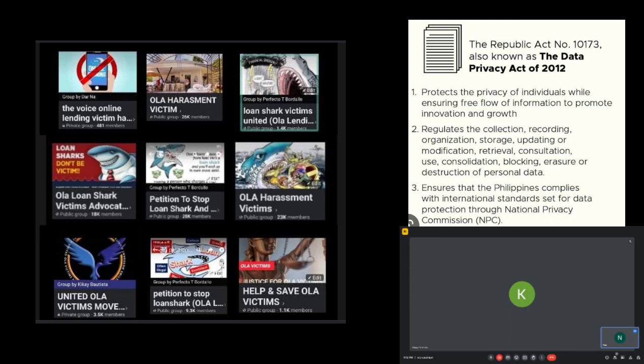Again, hindi po tayo attorney. But we've researched, kasi isa lang yung gusto natin, yung matulungan yung mga victims. And we will be able to provide or makaka-help kami. So, yun.